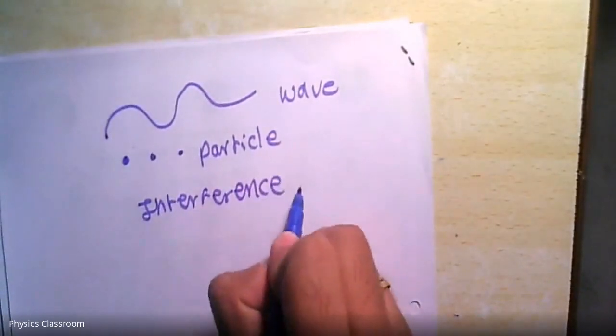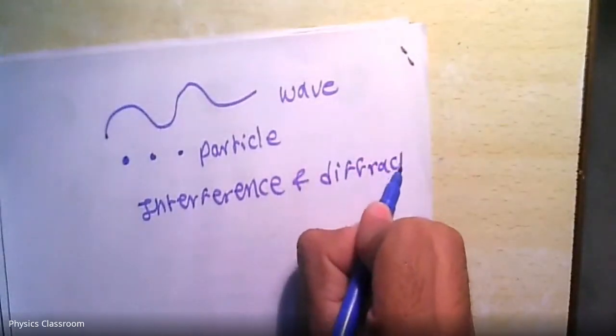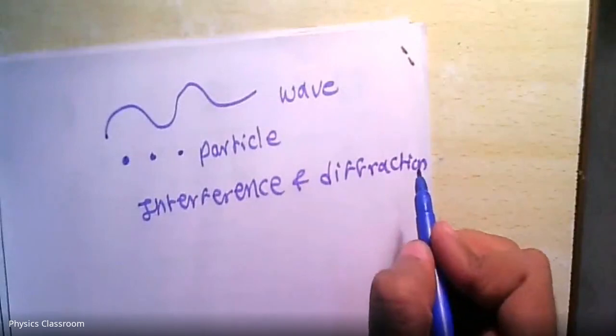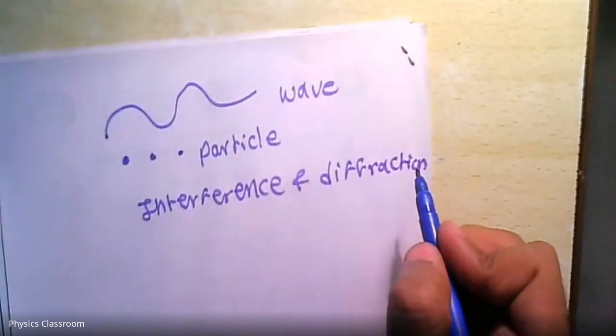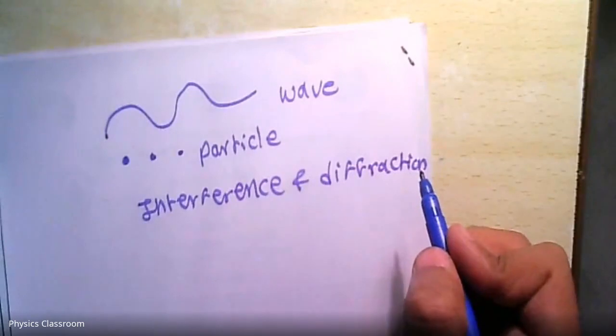These are processes in which there is interference of light with material particles.